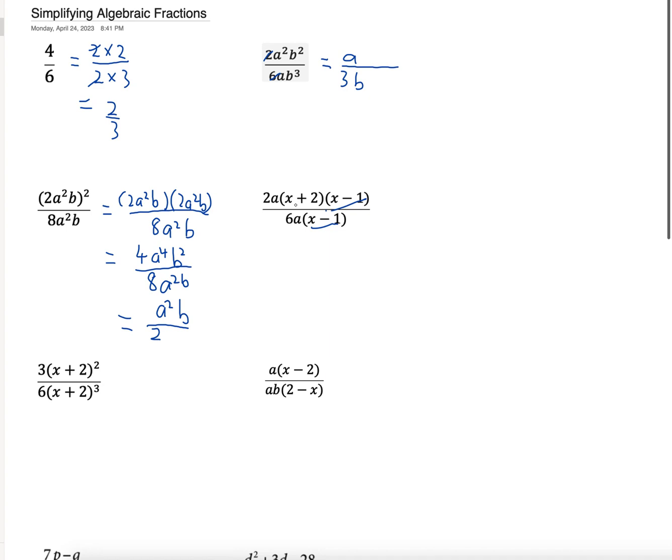Now, 2 cancel by 6, we have 3, and a we cancel away. So what is left is x plus 2 over 3.